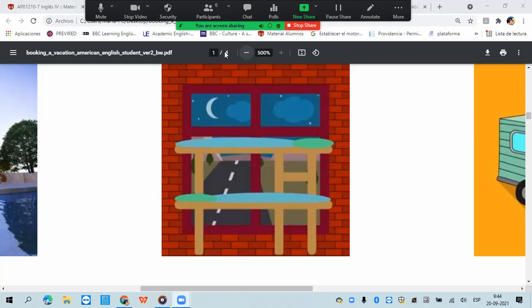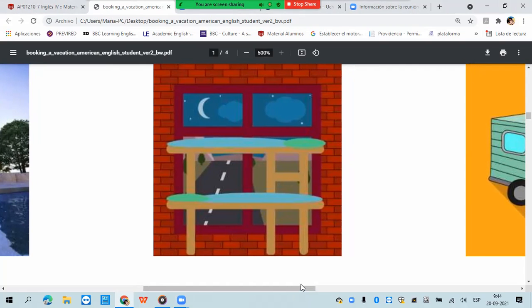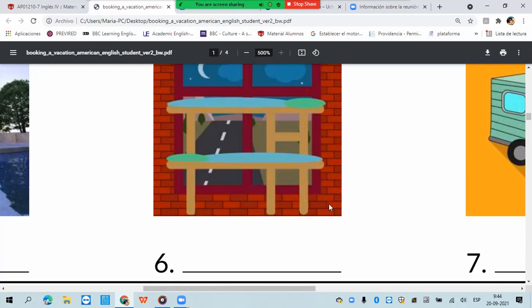Okay, this is a hostel. Have you ever stayed in a hostel? Anybody in this group?